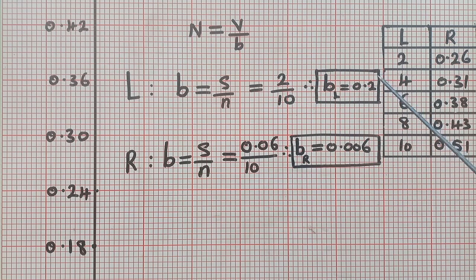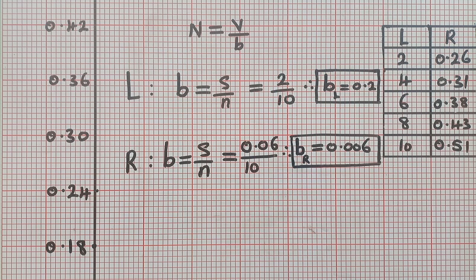Therefore, most essentially, let us bear it in mind that as we continue, every small box along the horizontal axis is equal to 0.2. BL means one small box along the L axis.